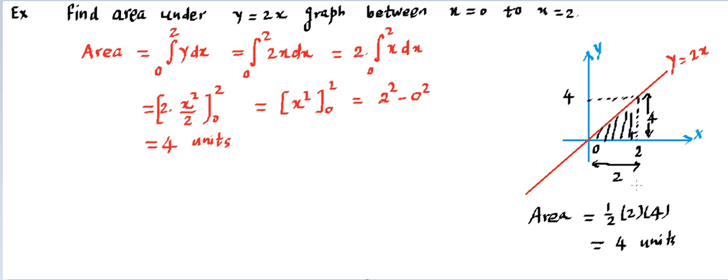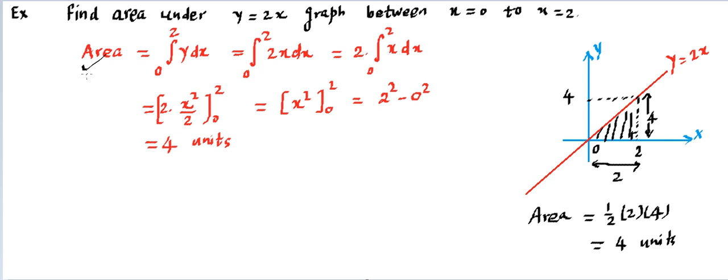So by drawing this graph, if the geometry comes out to be simple, we can use previous knowledge of getting the areas. That will also work, right? But you will find this method of integration is more general, because in most cases you may not find a geometry whose area you can calculate by some formula.